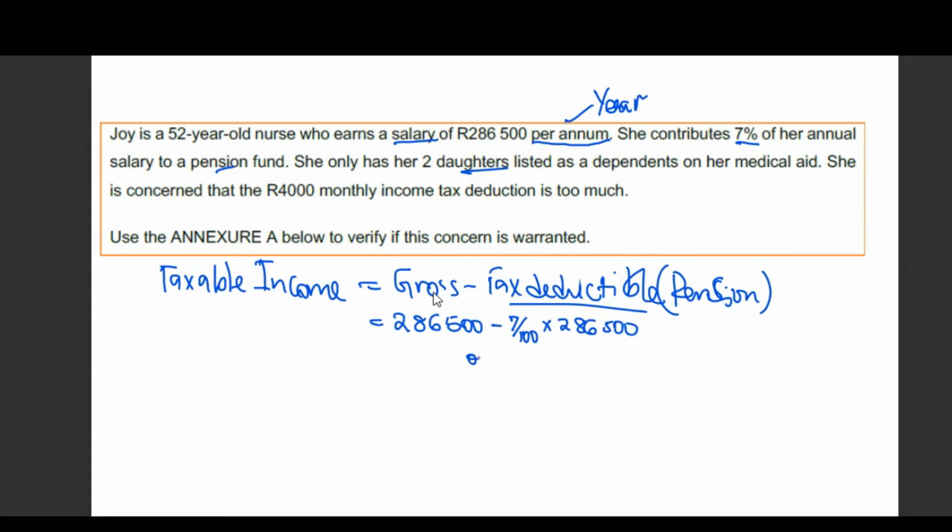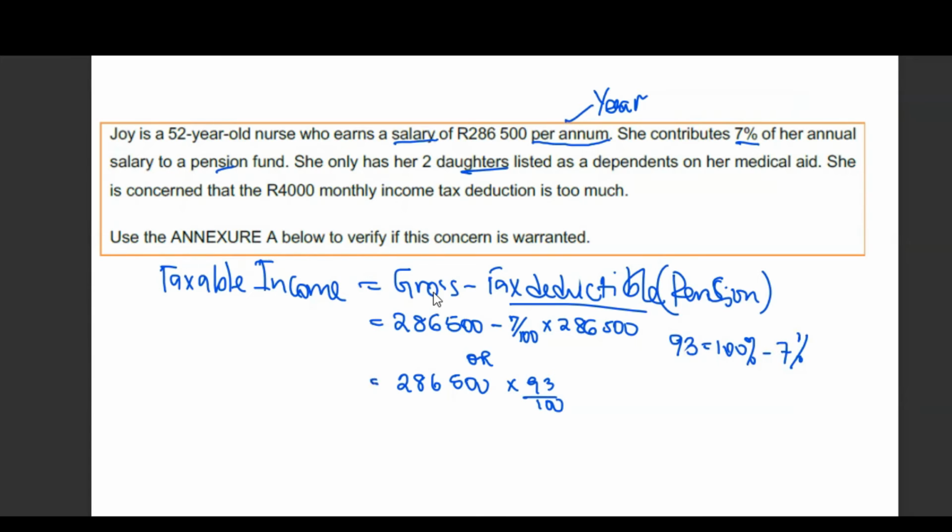Or you can say you reduce this by 7, whereby you multiply by 93 over 100. How do I get the 93? 93 comes from 100% minus the 7%.